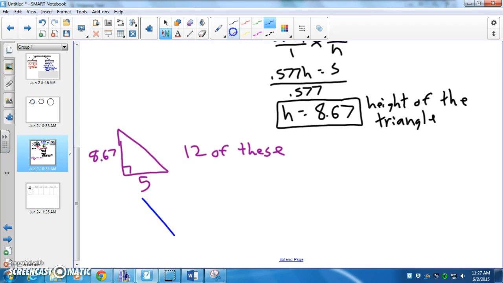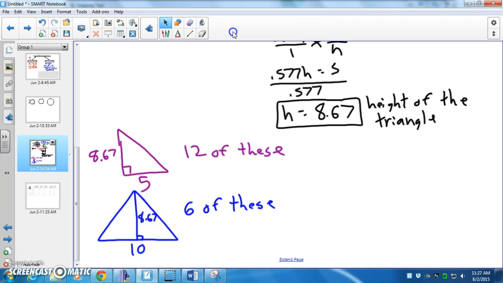Or you can look at it as this being 10 with this being 8.67, and there's 6 of these. Regardless, it's easy to find the area of a triangle and then multiply by how many of them you have.